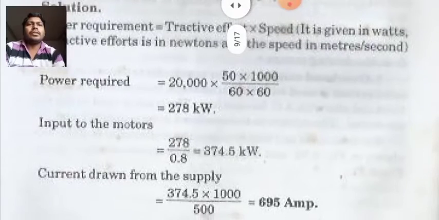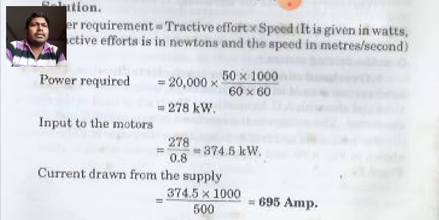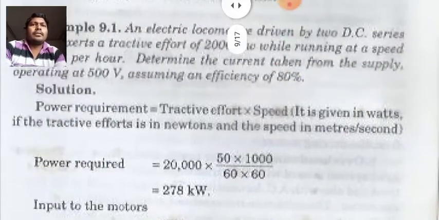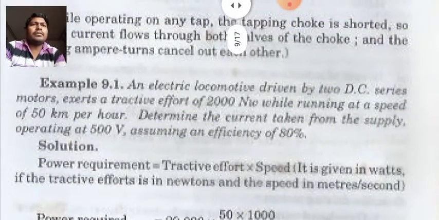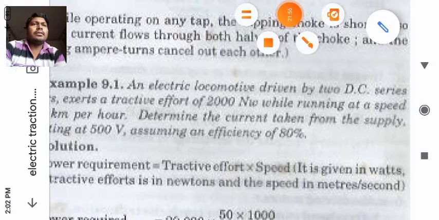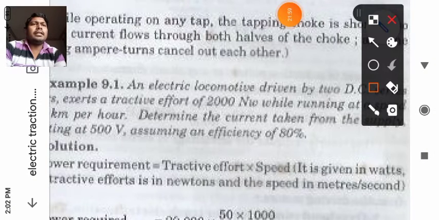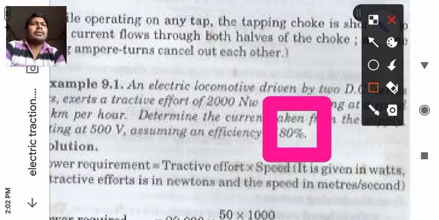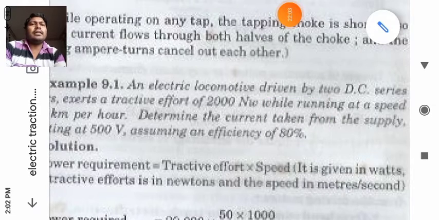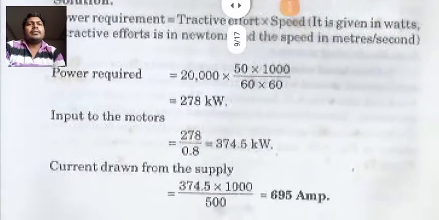Now input of the motor is equal to 278 divided by 0.8. Here the efficiency of the motor is given to be 80%, that is 0.8. So from here only we have taken 0.8, right?